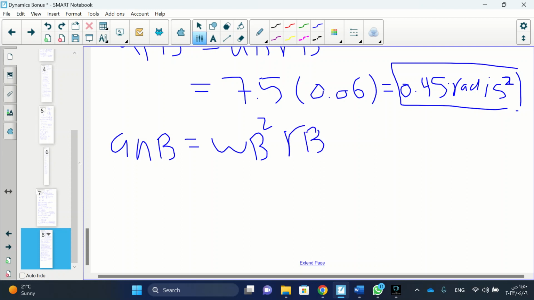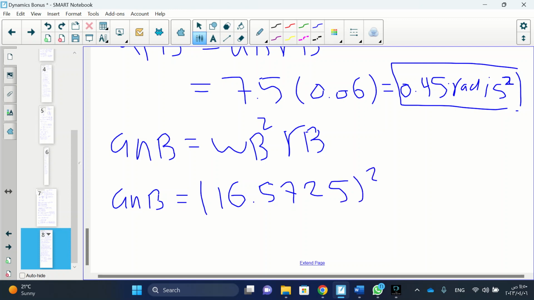So A normal at B is equal to 16.5725 squared times 0.06.